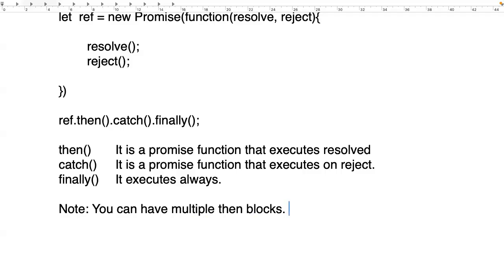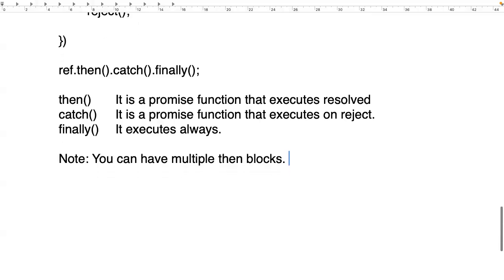On failure, it will do only one. But on success, you can design it in such a way that it can do more than one. That means a promise on success will not do only one function; it can have multiple functionalities.